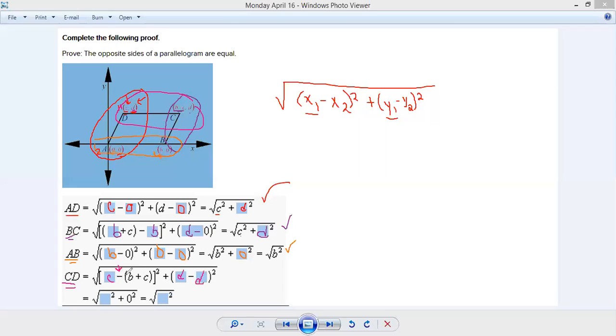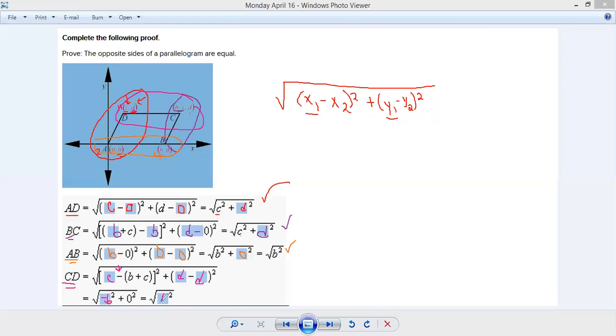So you distribute it or you add the opposite. So the C is going to be C minus C. They cancel out. And then that's going to be a plus negative B. So that's going to be negative B squared. And then D minus D is 0. But negative B squared plus 0 squared, when it squares, it's going to be positive though.